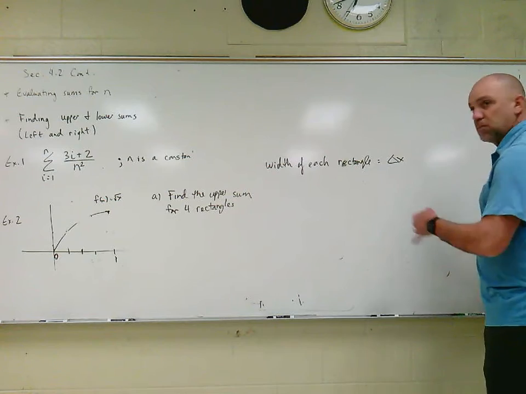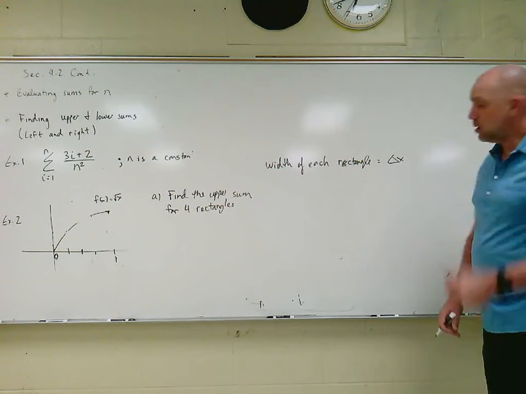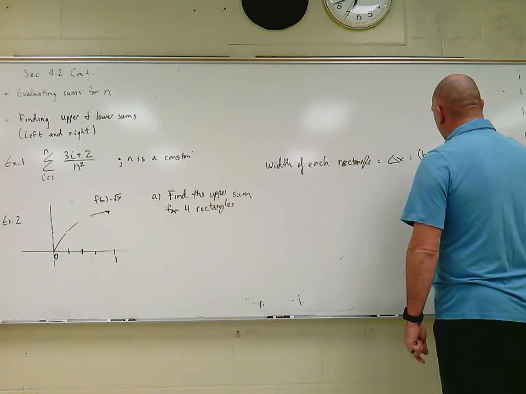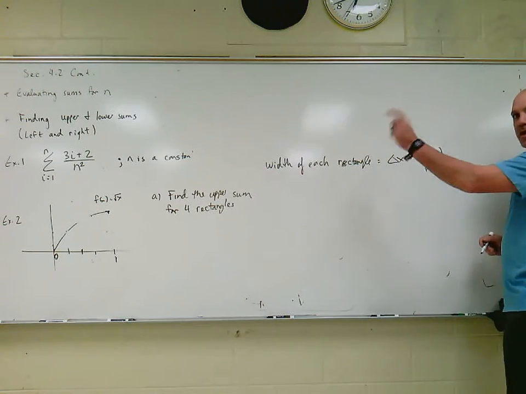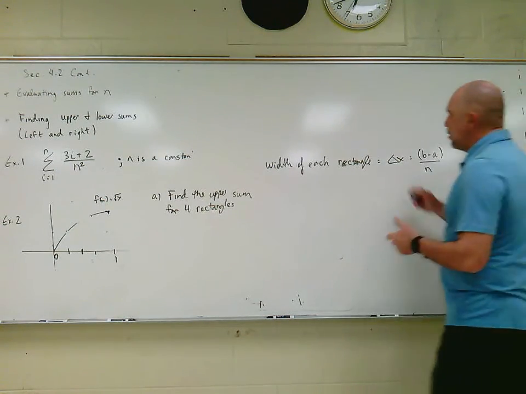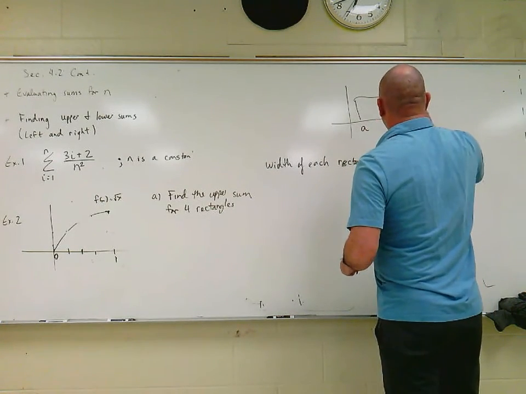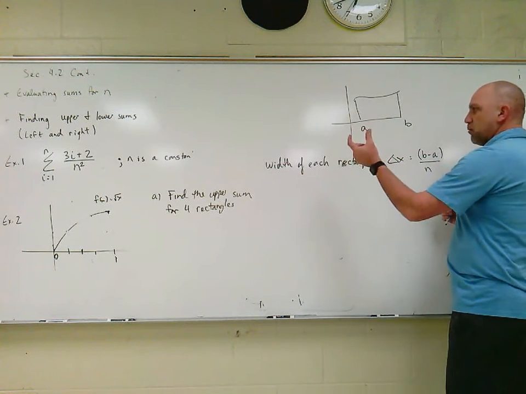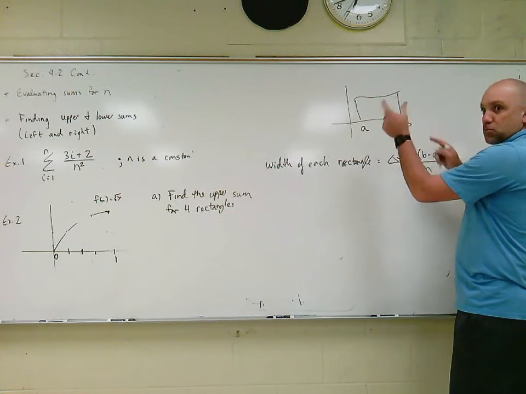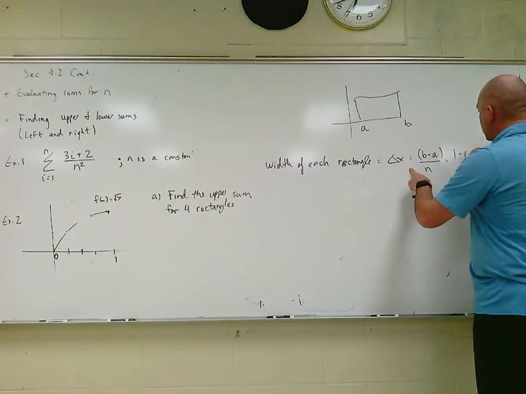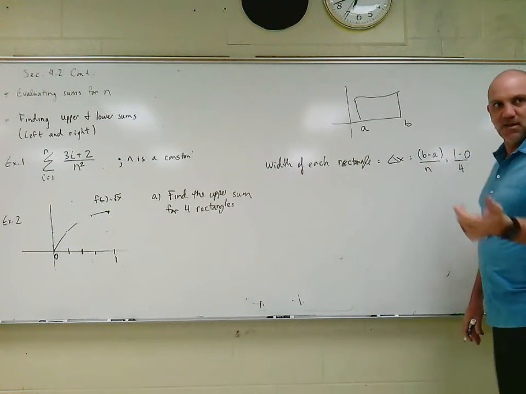Delta x, because it's a change in x, is always b minus a over n. B and a are the endpoints of your interval. So if you have an interval that goes from a to b and you want to know the width of each rectangle, you just take the width of the interval and divide by how many rectangles you're going to do. So 1 minus 0 over 4, exactly, it's 1/4.